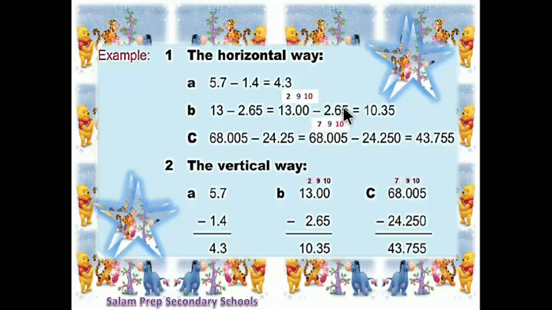0 minus 5, it doesn't go. We will borrow. We can't borrow from 0, so we will borrow from 3. 3 will be 2. Now 0 become 10. We can borrow from 10. 10 will be 9. This 0 will be 10. 10 minus 5 equal 5. 9 minus 6 equal 3.